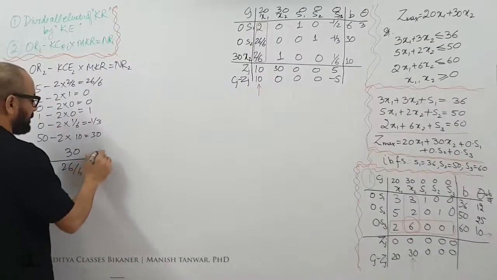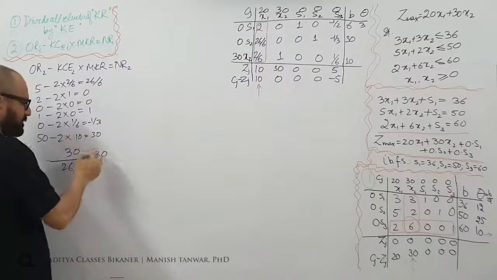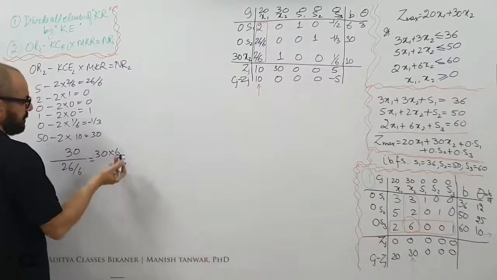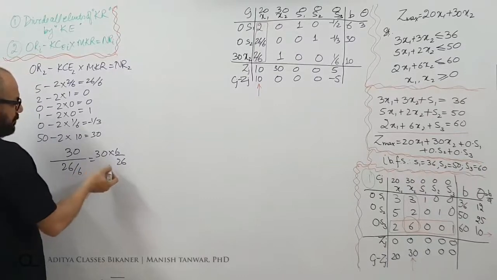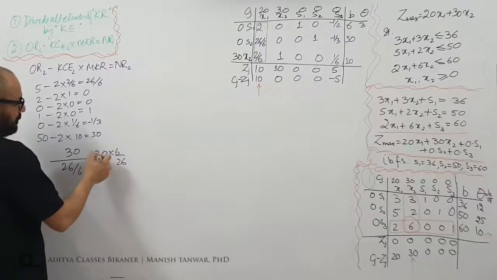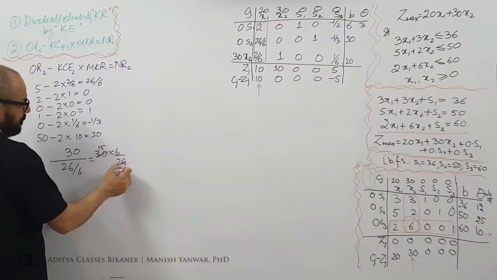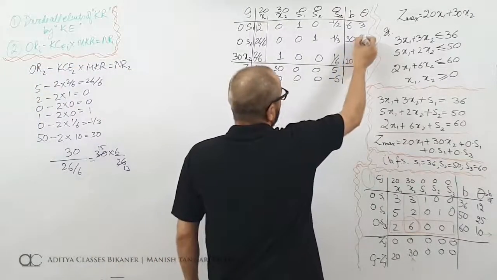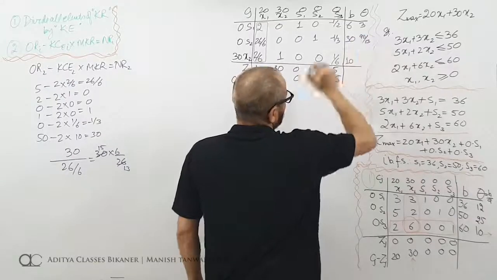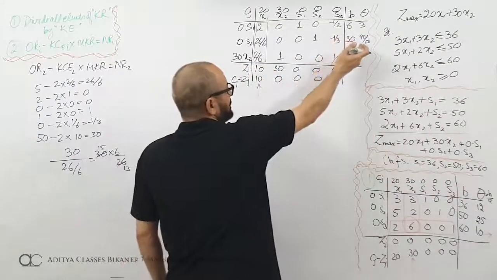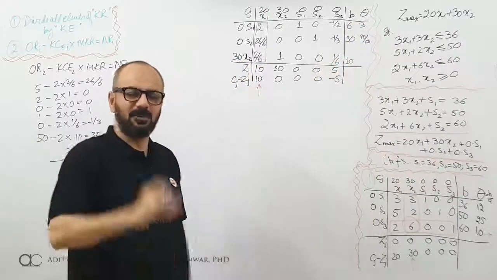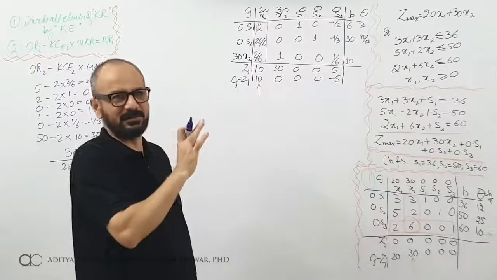Now we have seen a lot of times that the denominator gets flipped. It will become 6 by 26. Now if you wish to, you can simplify it and it will become 15 by 13. 15 6s are 90, 90 by 13. 13 3s are 39. So it is definitely more than 3. So whatever may be the value, it is more than 3.